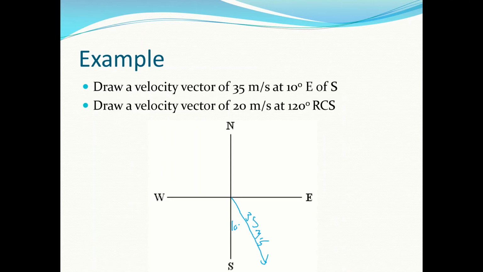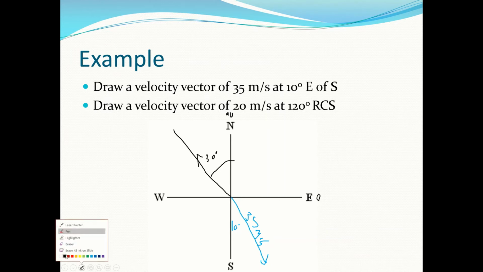If I drew on another vector arrow, so RCS 120, this is 0, this is 90, so it'd be another 30 degrees. So this would be 30 degrees, and I'd want to draw my arrow shorter. Oops, I drew it too long already. So let me erase that line. Because it's only 20, I want to draw a shorter arrow, and this is 20 meters per second. Okay.